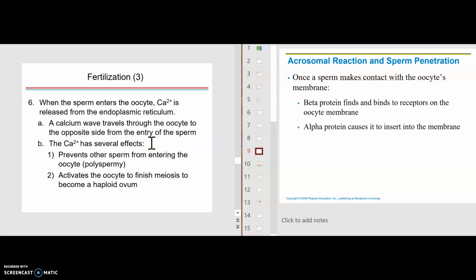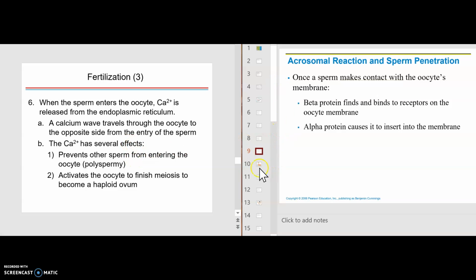Calcium enters because it's a higher concentration. It prevents other sperm from entering the oocyte.